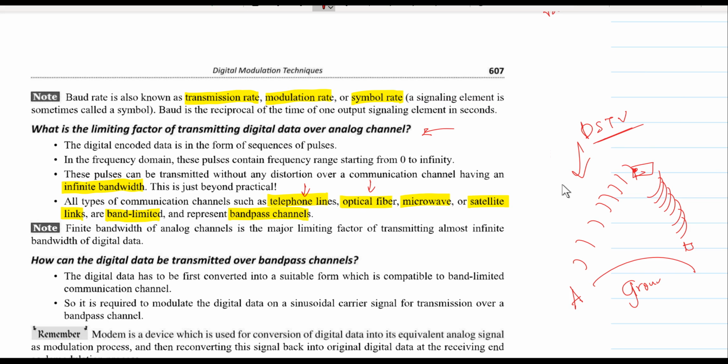We say that it is not unlimited. It is not infinite. So the limiting factor for transmitting digital data over analog channel is purely the bandwidth. And therefore, we normally require to transmit within a finite bandwidth, because almost all of our channels will not accommodate infinite bandwidth.